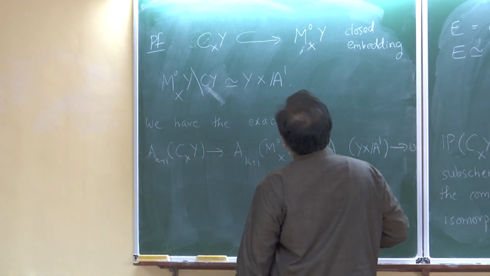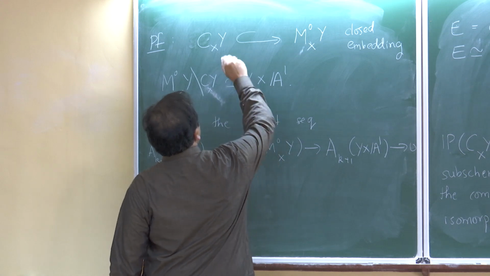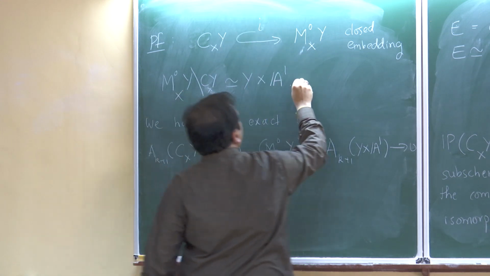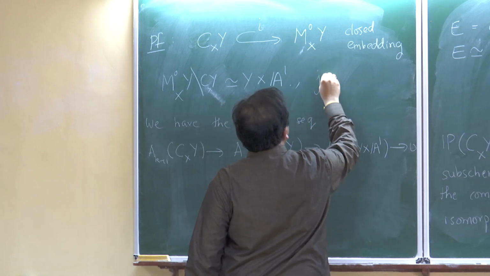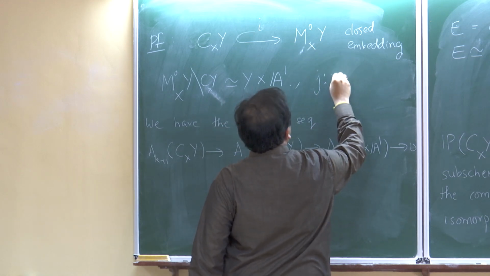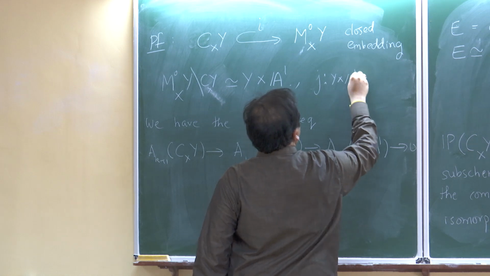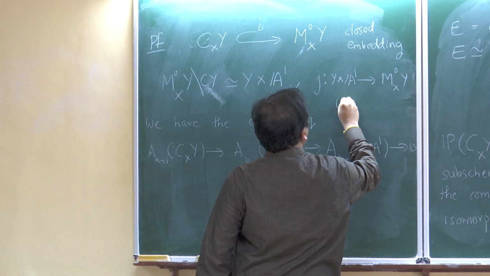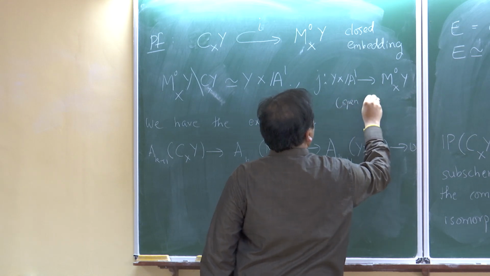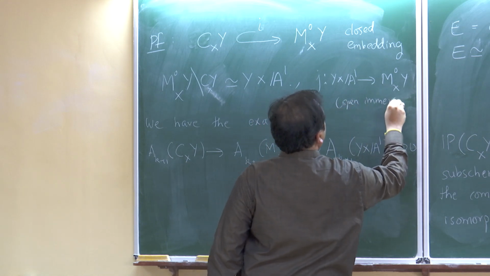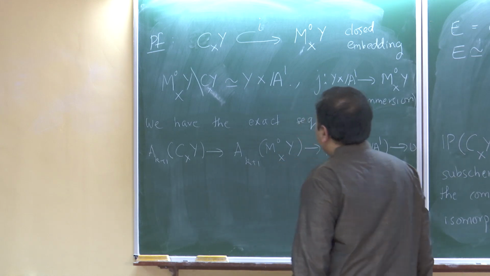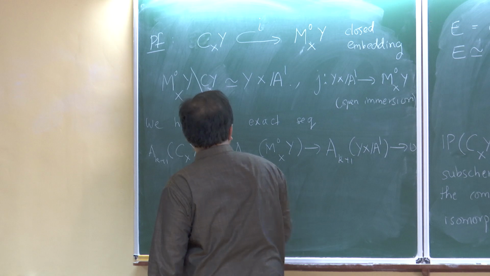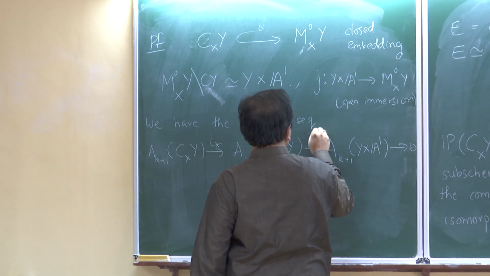Let me call this one i, and j is the open immersion of Y cross A1 into M_0 XY. So this map is i lower star, and this one is j upper star.